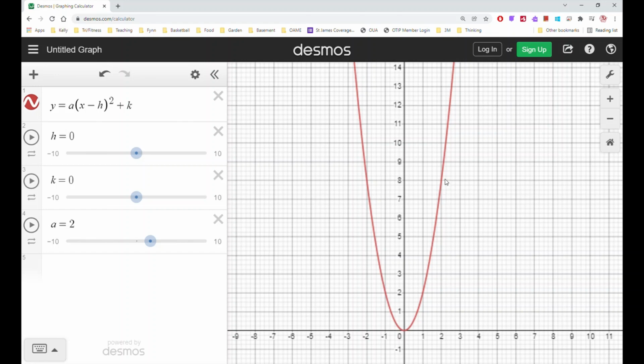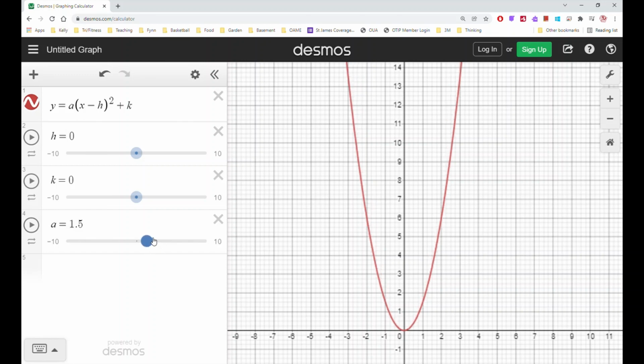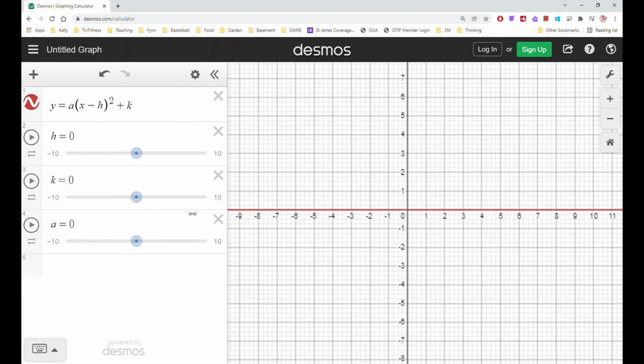Then over 1, up 5 is going to be up 10. So the big thing you need to know here is if it's negative, it opens down. If it's positive, it opens up. And then lastly, the step pattern is affected by whatever that number is.